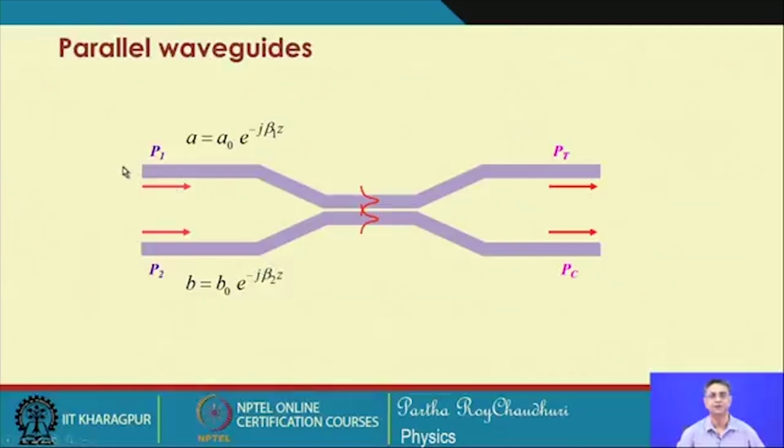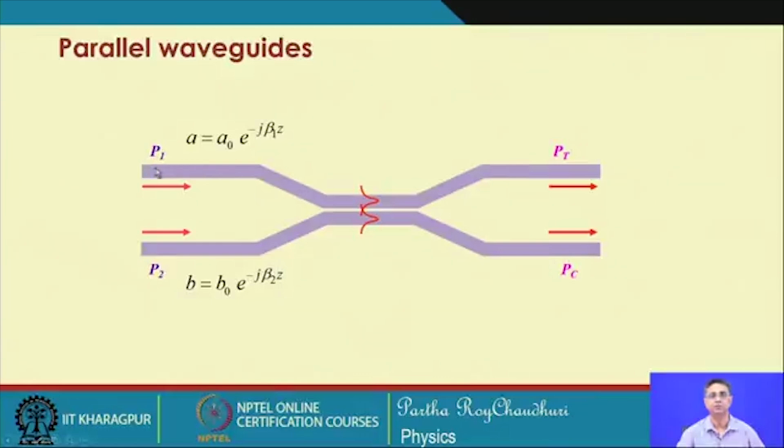You have an input port here, and another input port here. You can use either of these two as an input, or you can use both of them. Then these two waveguides, which are very close to each other in this region, will interact, and there will be a redistribution of power at this point, which will give rise to the wave along this waveguide, which we will call the transmitted or throughput waveguide, and this one which will be called the coupled waveguide.